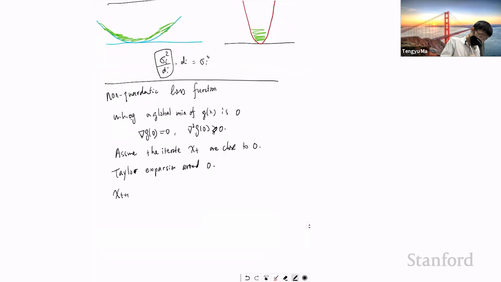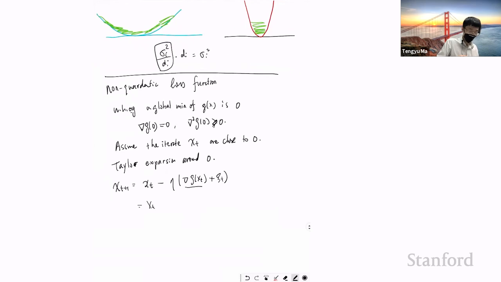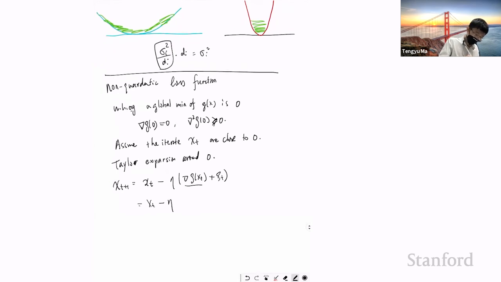So what you do is x_{t+1} equals x_t plus eta times the gradient of g at x_t plus the noise ξ_t, and then you do a Taylor expansion to approximate the gradient at x_t. So how do you do a Taylor expansion? If you Taylor expand at 0, what are you going to get?